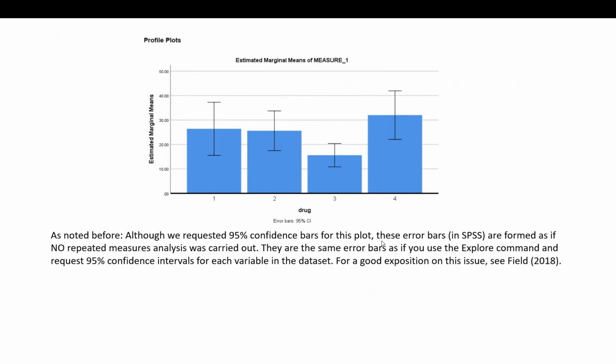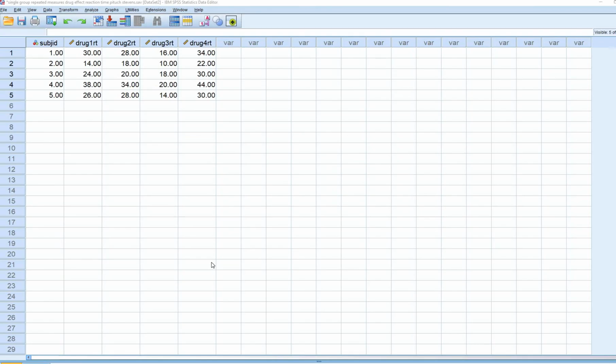Here you can see our bar chart again, and this again contains those 95% confidence intervals that are essentially formed as if there had been no repeated measures analysis carried out. So do keep that in mind if you're interpreting these.